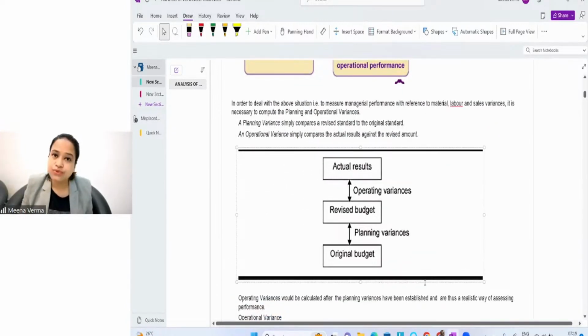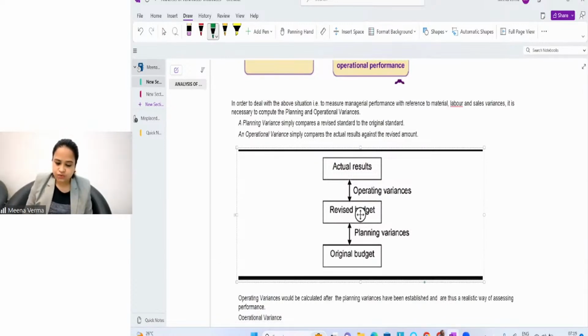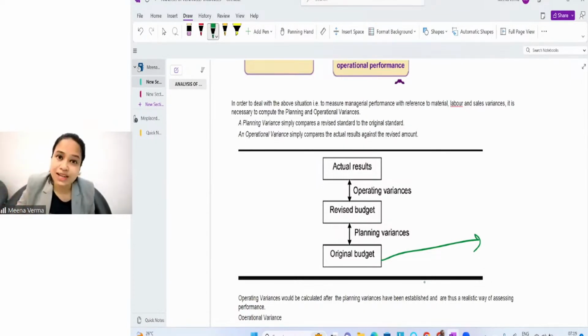If you see, planning variation is what? Original budget framed. Original budget means original standard quantity framed, or original labor hour, labor efficiency, labor usage, whatever. So what is the original budget framed? Then you will see what was the revised budget here. Then you will see what is the actual result.